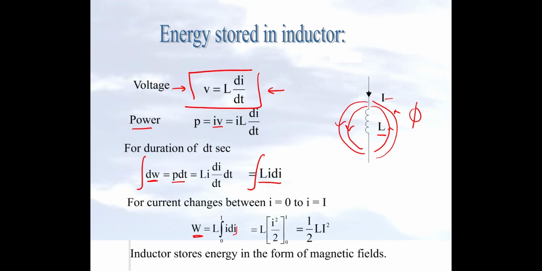So W is equal to the integral of I di times L. This gives me 1/2 L i squared. This is the amount of energy stored in an inductor, and please be reminded that the inductor stores energy in the form of a magnetic field.